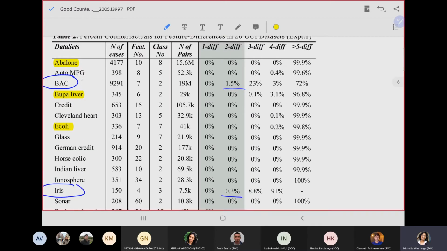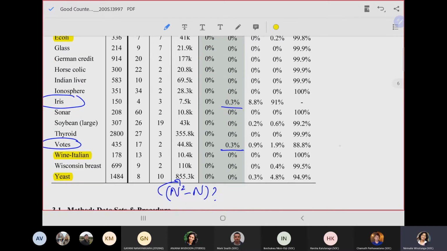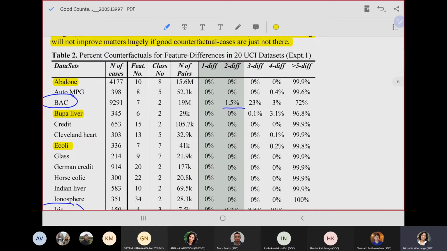And then what they do is for a selected case, they pair it with another case if there is a difference of one feature, two features, three features, four features, and greater than five features. And then they see how many such counterfactuals exist in this case base.